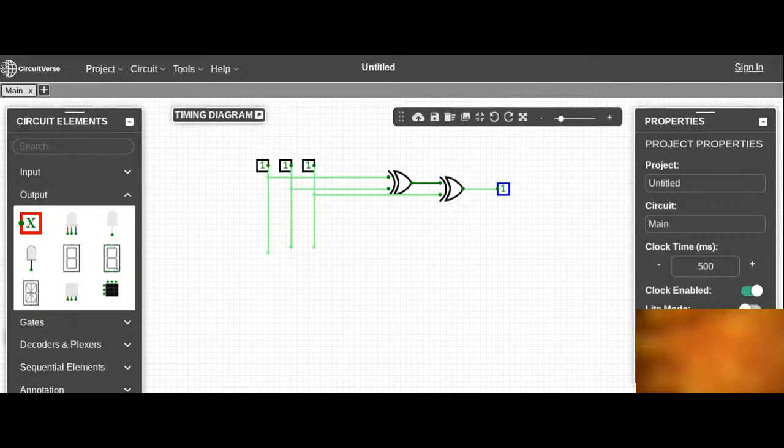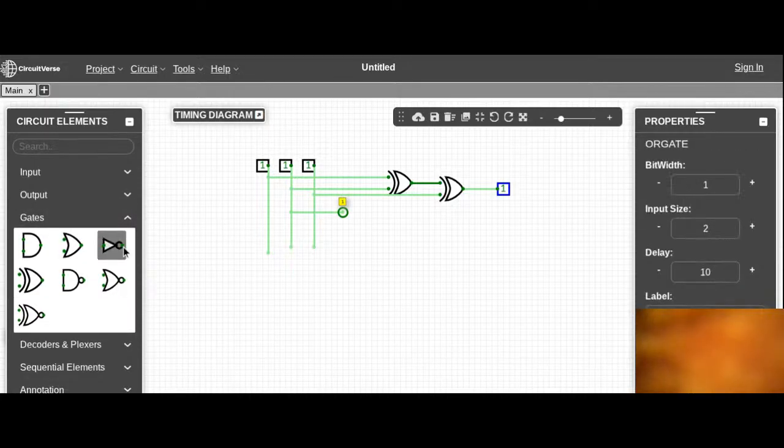So I'll set the three inputs as I drew before, the same as here. So there are two XOR gates and one output. This is the sum output, and there are three inputs A, B, and C. Okay, and then I'll draw the carry.